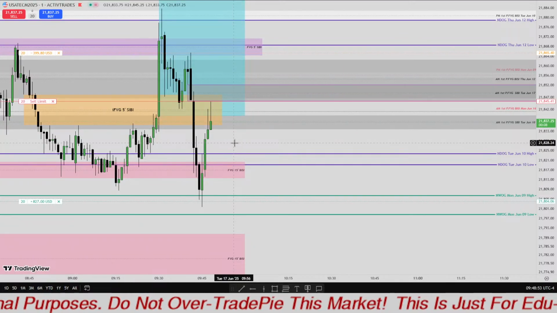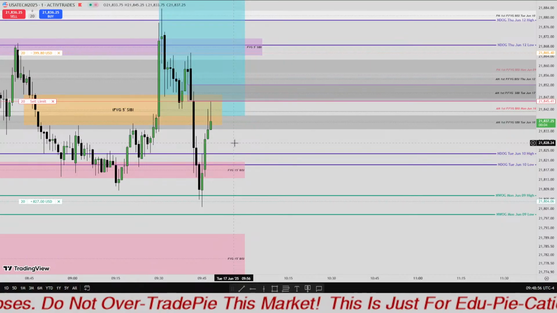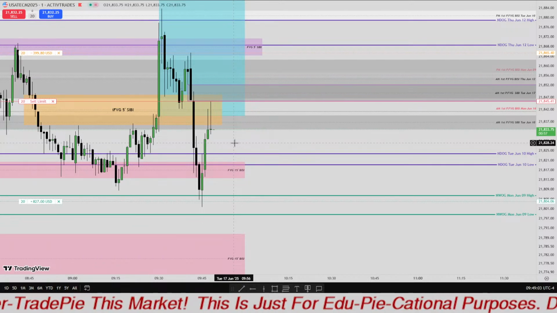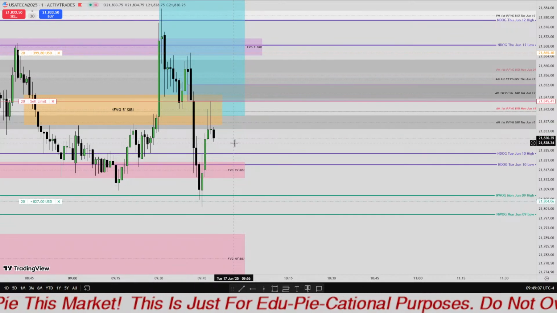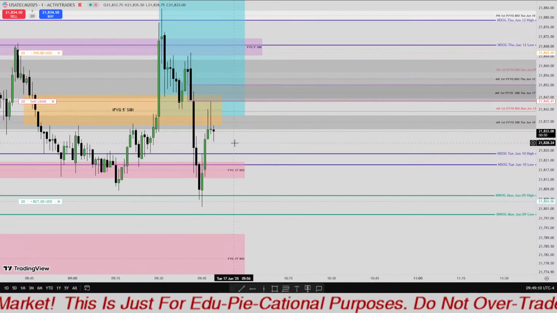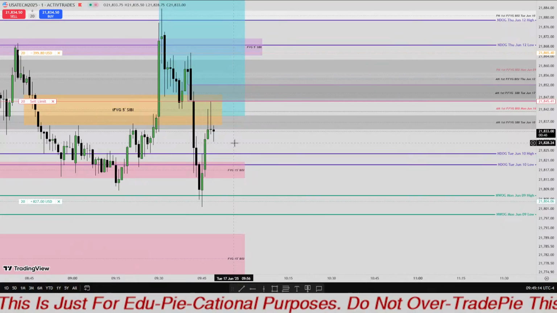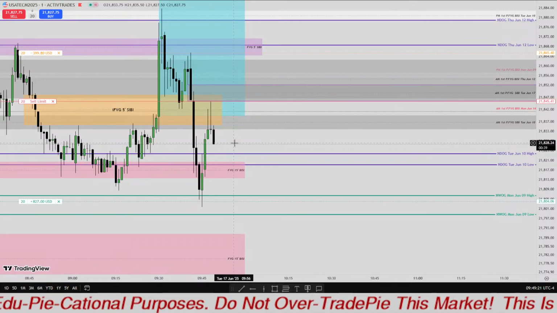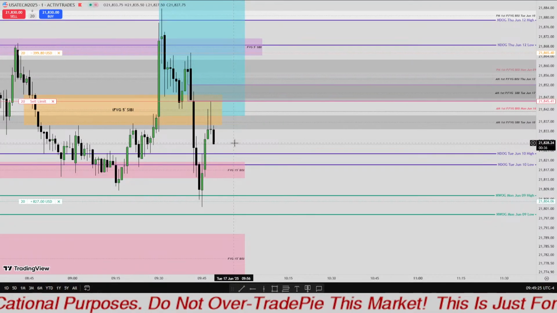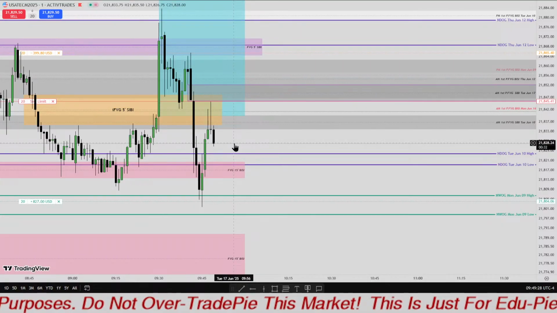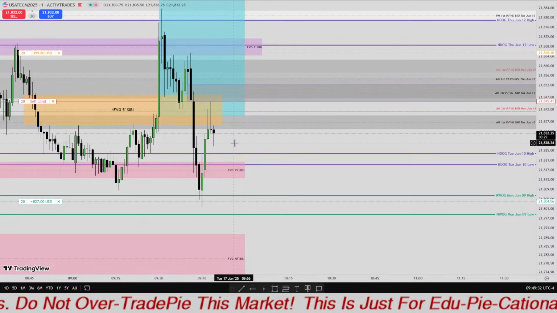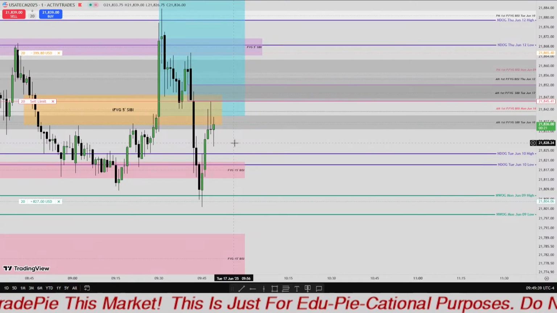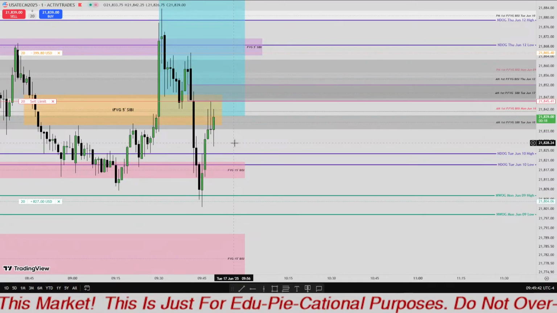I can see a little bit of weakness in the market. Once again, trying to reach the first presented fair value gap.